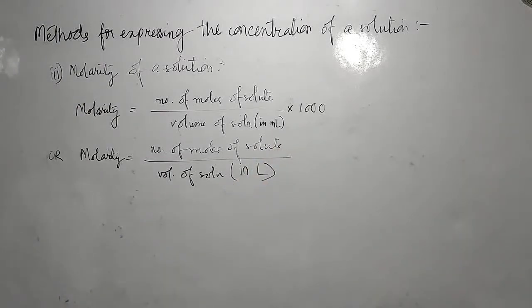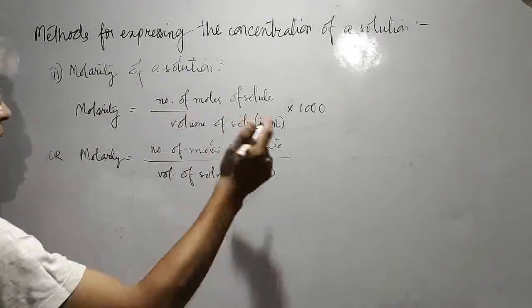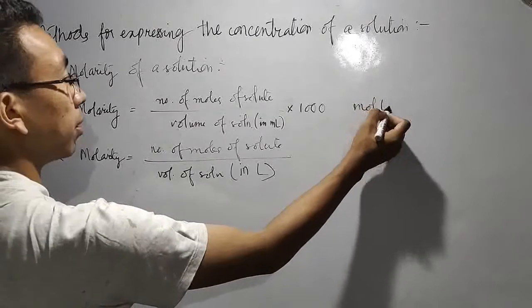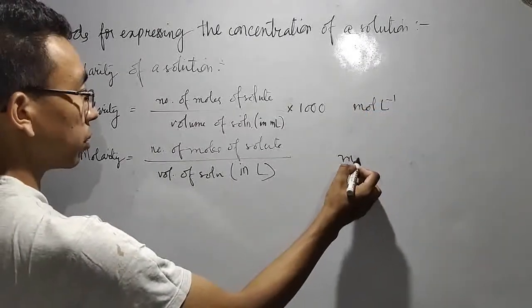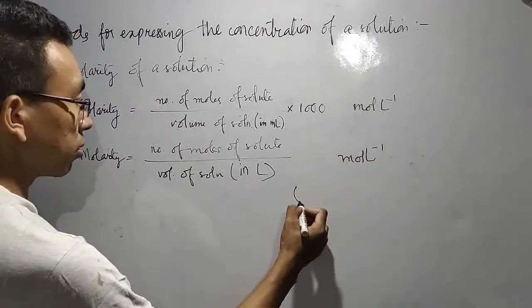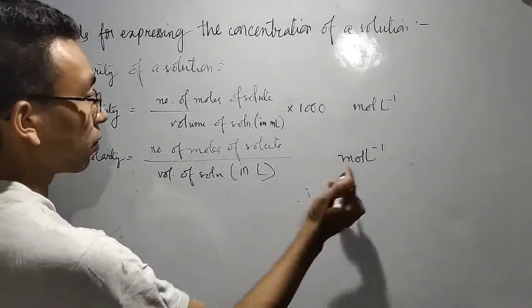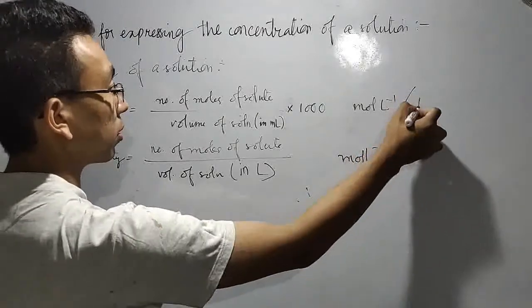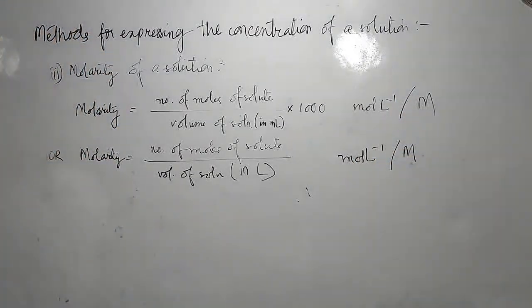The unit for both is mole per liter, or we can just write capital M instead of mole per liter. So that is how we represent the unit.